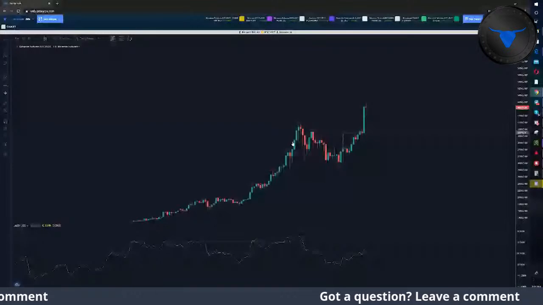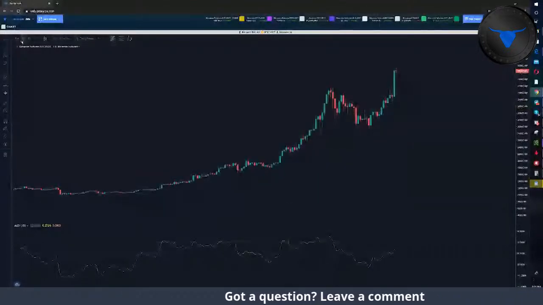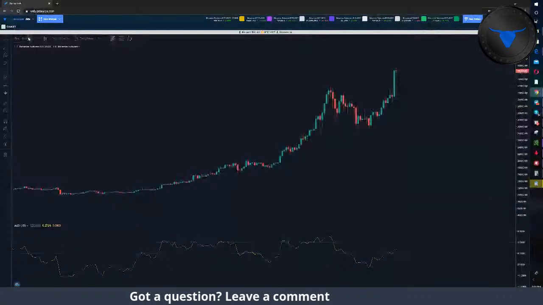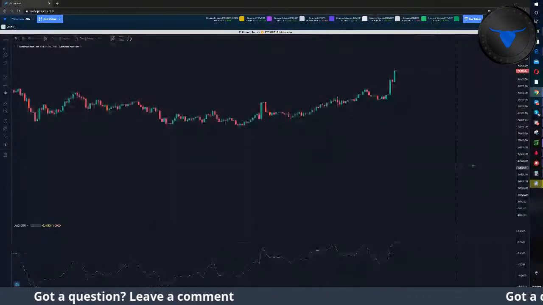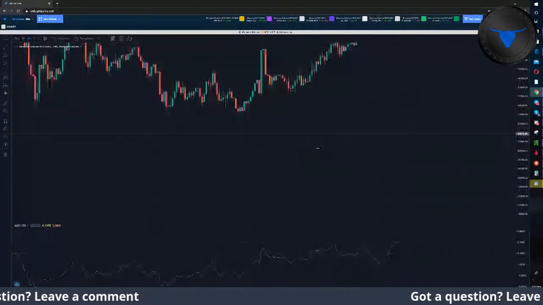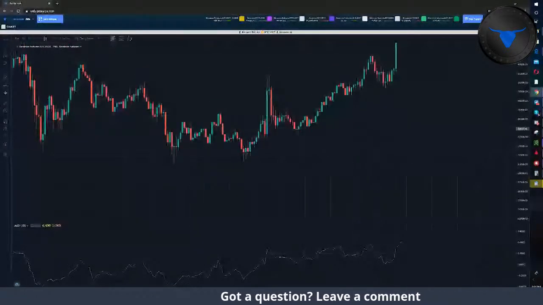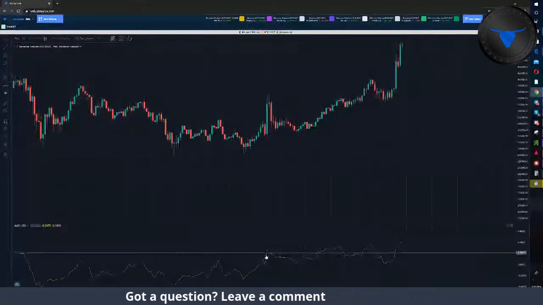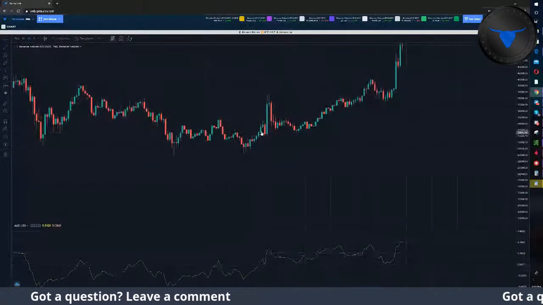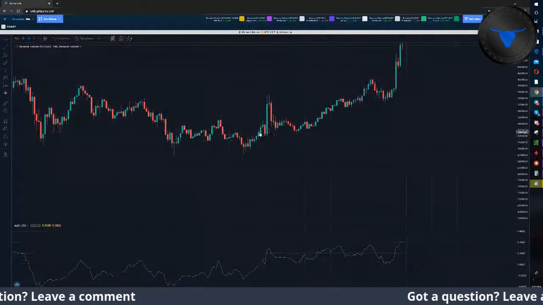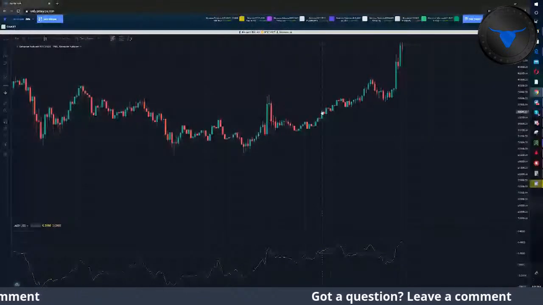Yeah. So just based on this one indicator, you're able to trade Bitcoin. Let's go on a smaller time frame because we can find more entries. So right here, we had our strong cross up over the zero line, and then as we stayed above, we've been in a bull run.